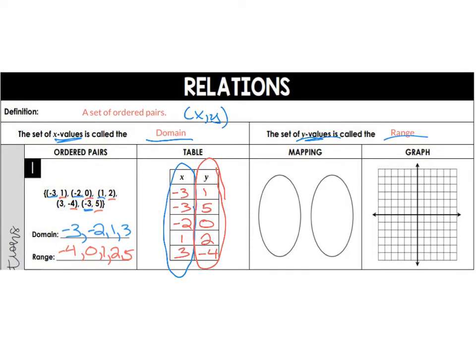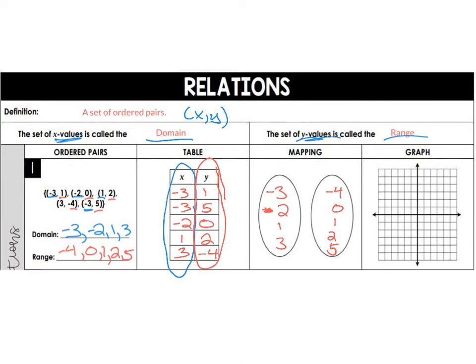Okay, so if we take a look at mapping, the way mapping works, if you're creating these yourself, a lot of times we, again, are trying to go from least to greatest as we go. And -3, obviously written twice, we're only going to have to draw that once. But we got -3, -2, a 1, and a 3. And then over here on this side, it looks like we had the -4, 0, 1, 2, and 5. But again, it's going to be important here when we match these up.